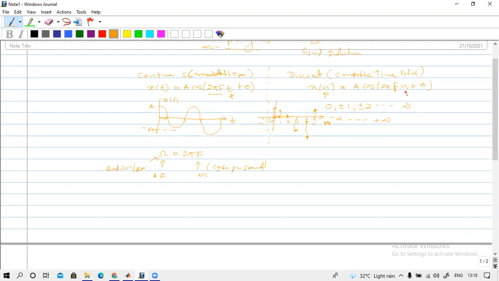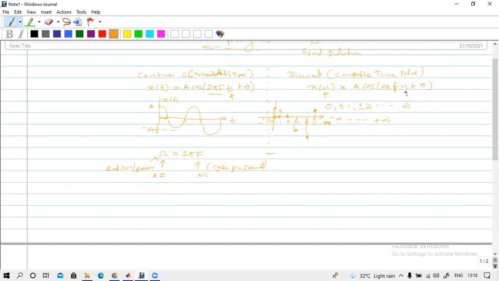How much angle goes within 1 second, that is the idea of angular frequency, and how many cycles per 1 second, that is the idea of normal frequency. These two have a linear relationship, so you can use f or omega at any time.